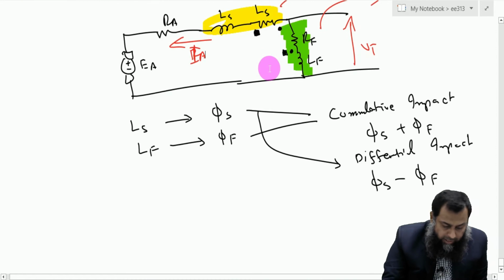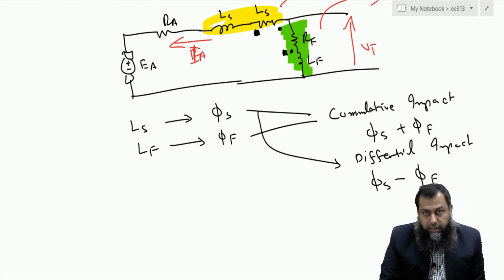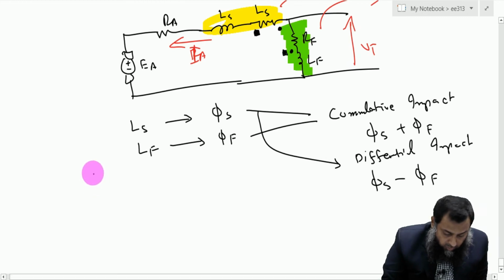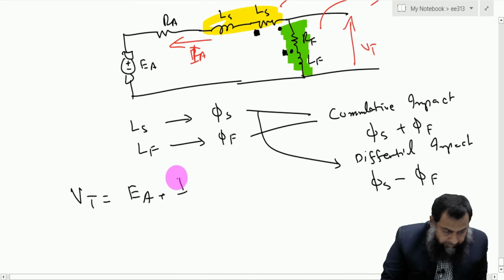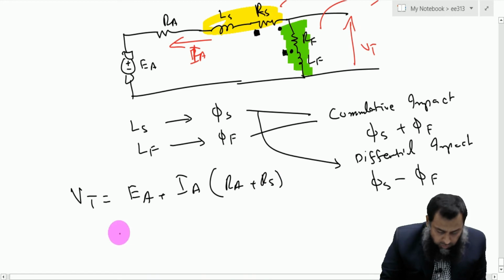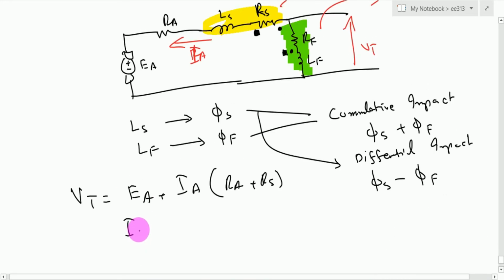Here, if we apply KVL to analyze the characteristics of this compound motor, we know that Vt is equal to Ea plus Ia into Ra plus Rs. Sorry, this is Rs, right? And we also know that Ia is equal to IL minus If, and this If is equal to Vt over Rf.